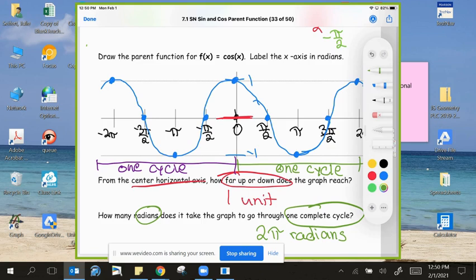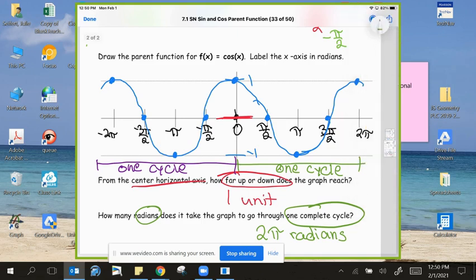What is 2 pi radians if we convert it into degrees? That is 360 degrees, yes. So the time it takes for cosine and sine to make 1 complete cycle is the same value, 2 pi radians or 360 degrees.